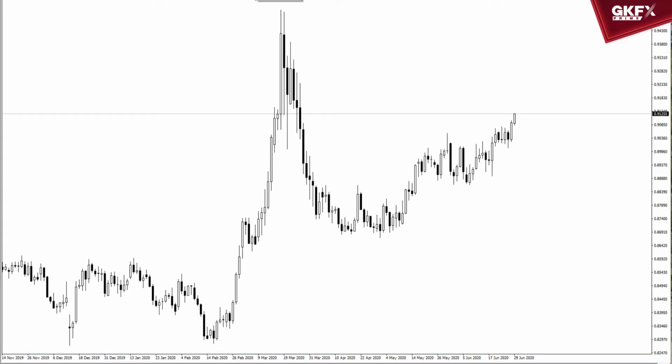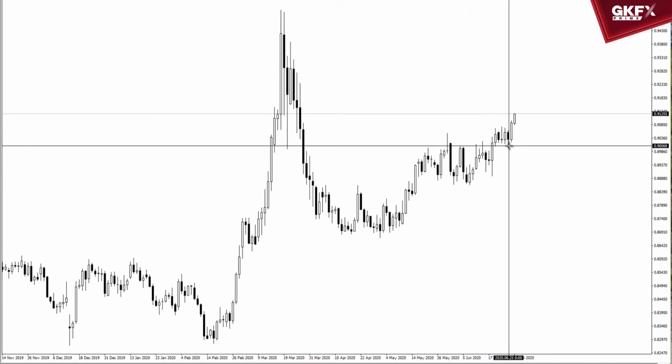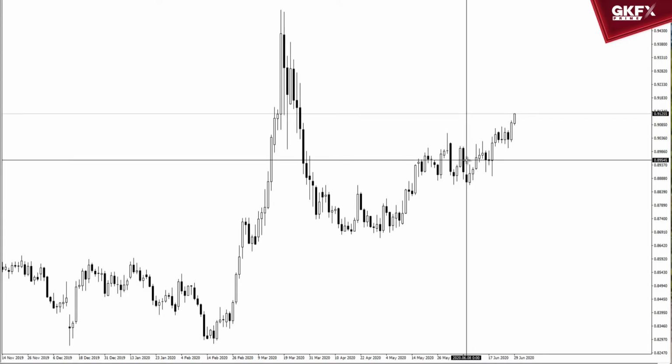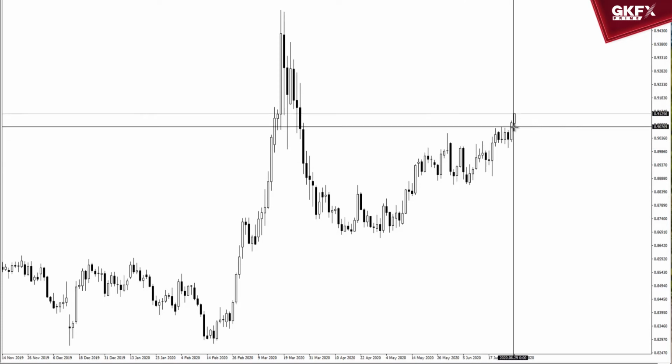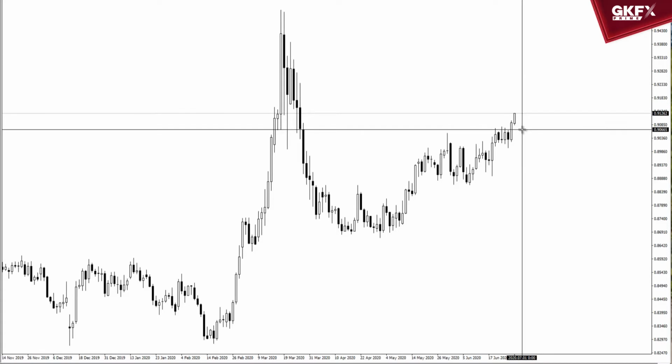We've taken out 90, which is down here somewhere. There's 90. You can see that we kind of chopped around there. We held it recently last week and we're rallying strongly above it now. So this is the euro outperforming the pound, and this strength in this euro pound currency pair, that is explaining why we're getting weakness in cable, the pound dollar pair, but we're getting strength in euro dollar.